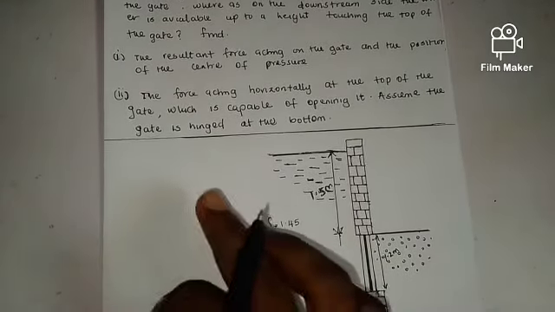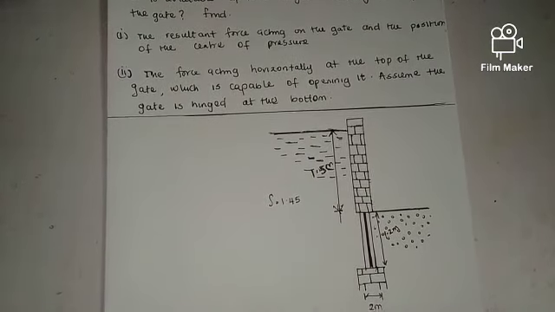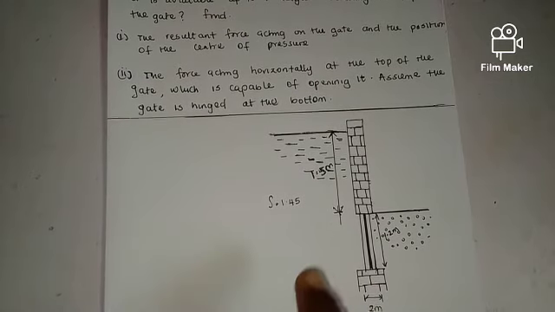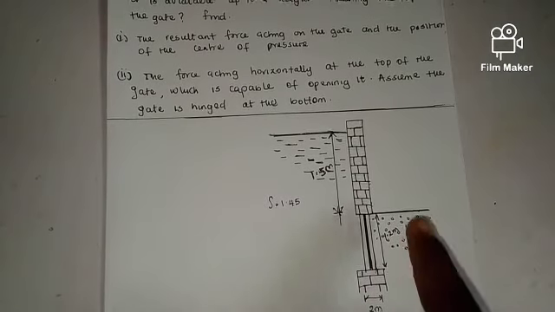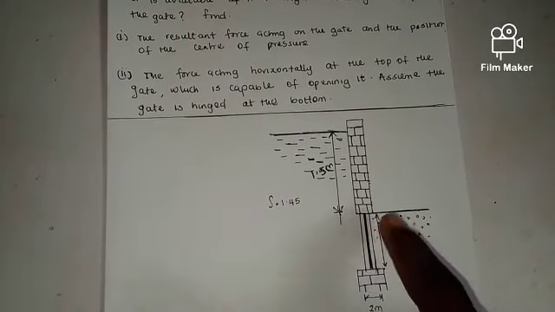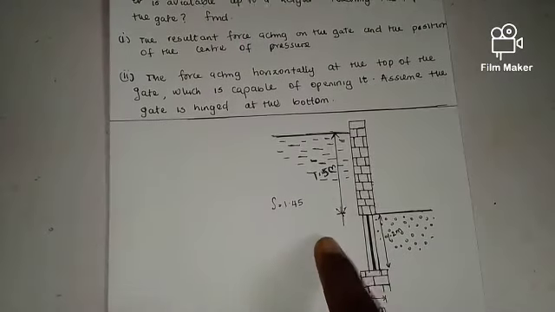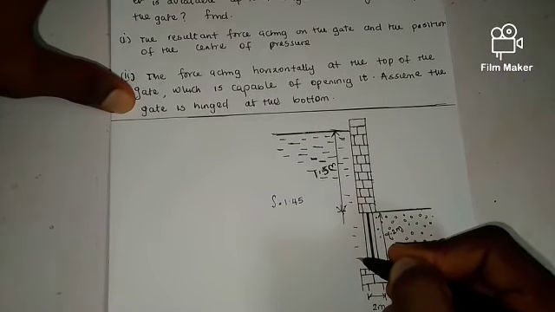They asked us to find the resultant force acting on the gate and the position of the center of pressure. So the first thing we have to calculate is the resultant force. What's the resultant force? The resultant force acting on this gate due to the water and due to this fluid. This water will be exerting its own force, and this liquid too will be exerting its own force. Remember, this liquid is up to this point.